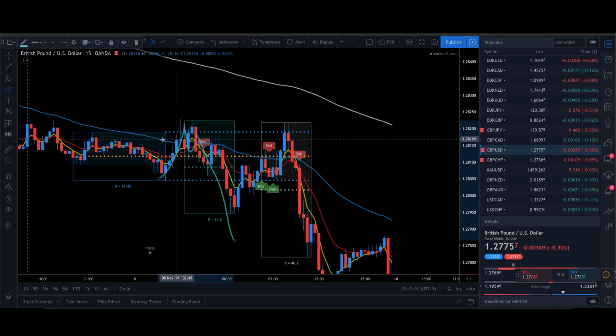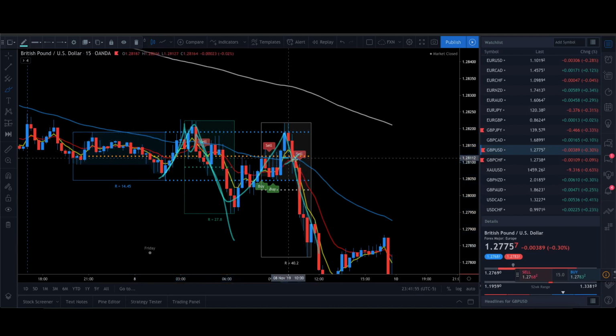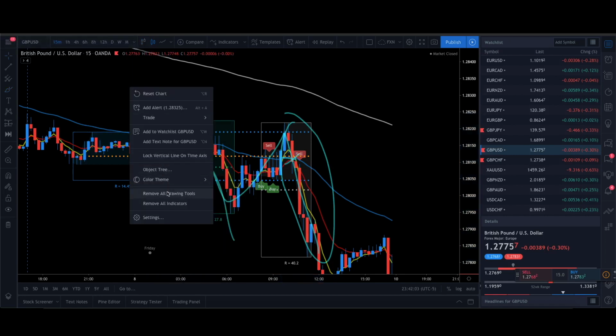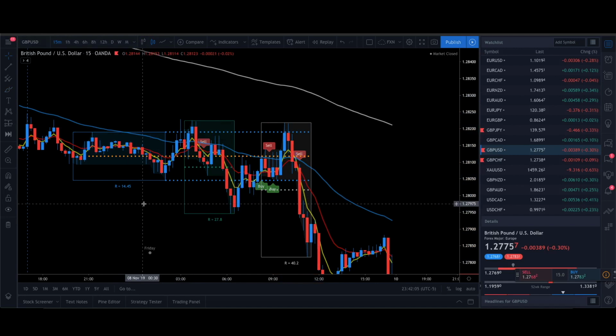No. Wait for the second leg to appear. There's your setup, there's your trade. So that's literally all that you're looking for with these indicators, guys. As we code more stuff into the indicators, we'll make them better. But for right now, that's how you actually use those indicators that we created for you.